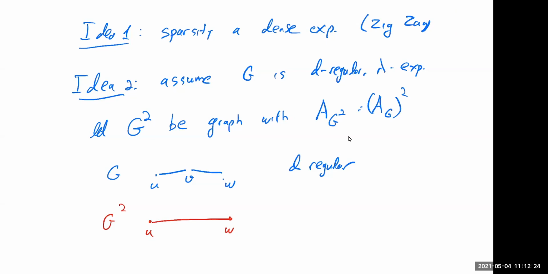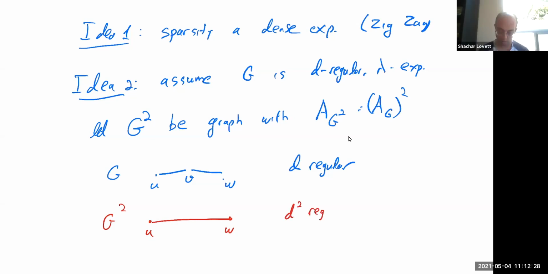D squared, exactly. D squared regular. Think of these graphs as saying, from every node U, I have D options of going to V, and then from every V, I have D options of going to a neighbor, which could be U or a different node. Here I won't care about going back or not. So I have in total D squared options. In particular, G squared has D self loops around U. That's maybe not very good, and it's going to hurt us, but we don't care.